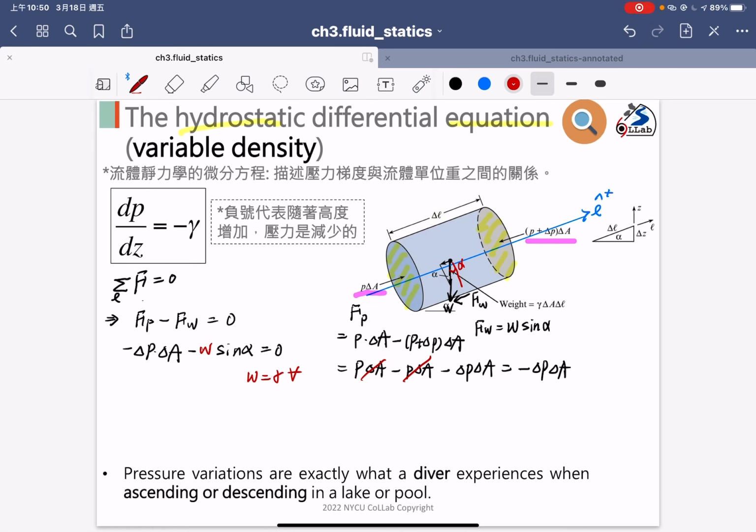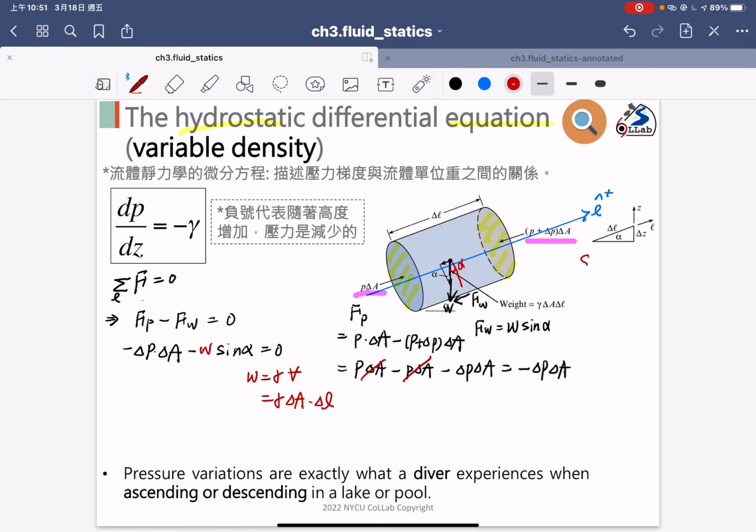And we know that the volume is equal to delta A multiplied by delta L, right? Because the delta L is the length, and the delta A is the area in here. So we know the volume is the delta A multiplied by the delta L.